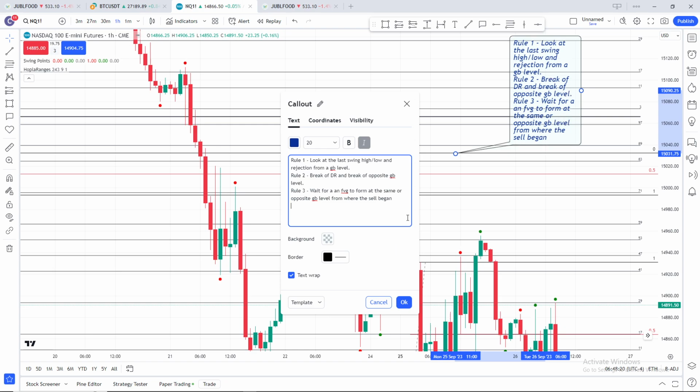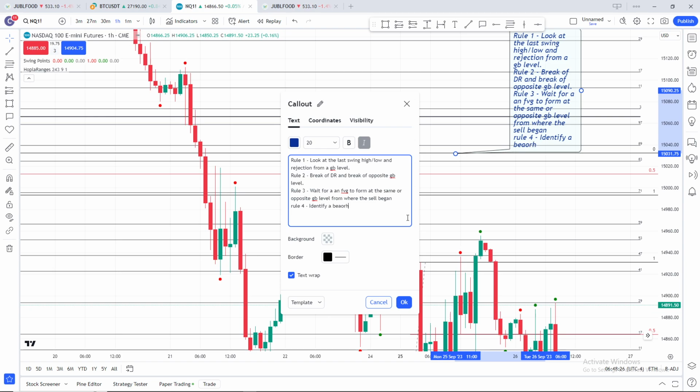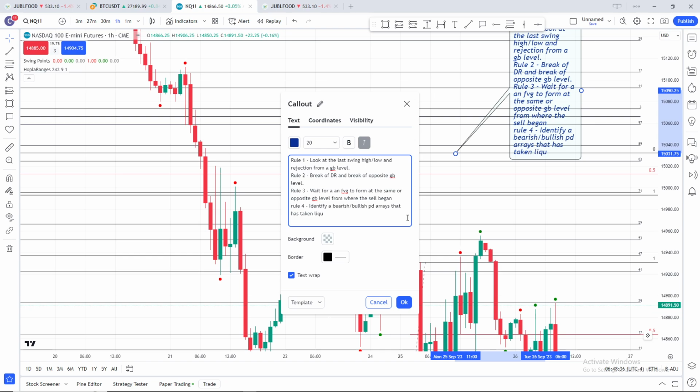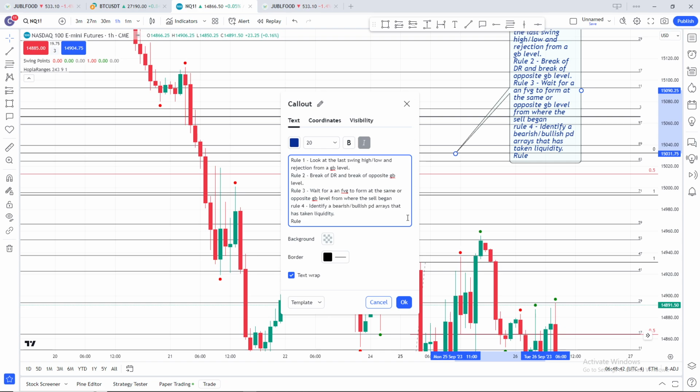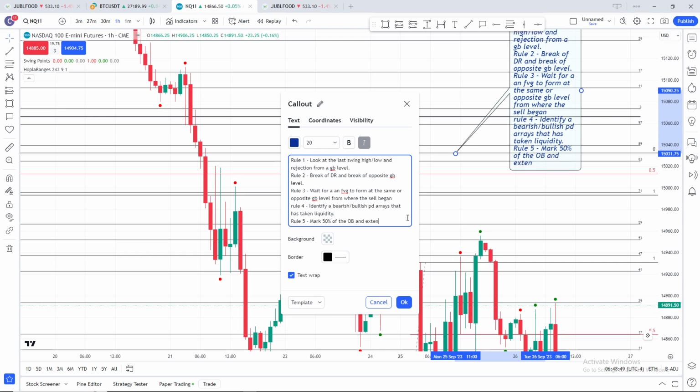Rule number four: identify a bearish or bullish PD array that has taken liquidity. Rule number five: mark 50% of the OB and extend the fib.